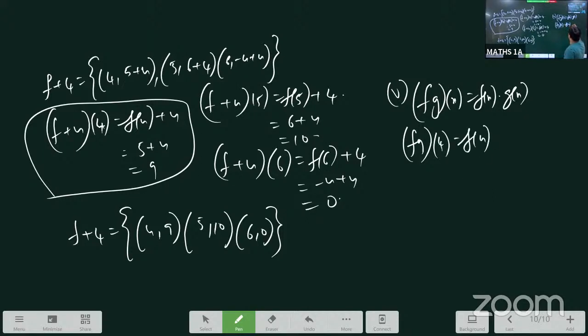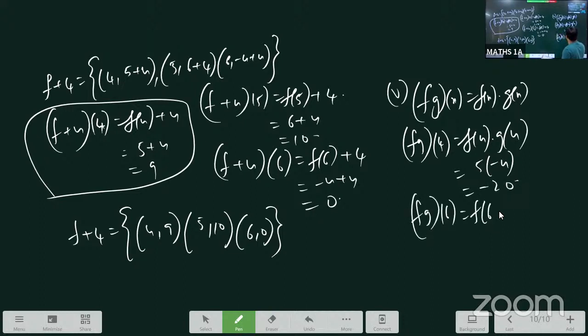That is f of 4 into g of 4. What is your f of 4? It was 5 into minus 4, minus 20. Fg of 6, that is f of 6 into g of 6. What is f of 6? Minus 4 into 5, minus 20.